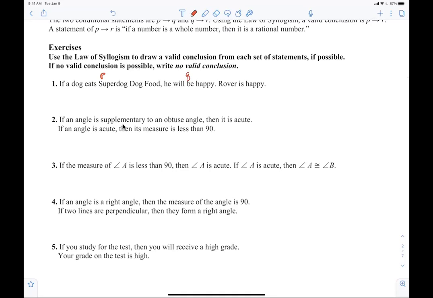Q. Rover is happy. Right. Now, to me, this sounds like it would be more of the law of detachment, right? Right. So is that true? Can we make a statement here? No. I would say no valid conclusion.